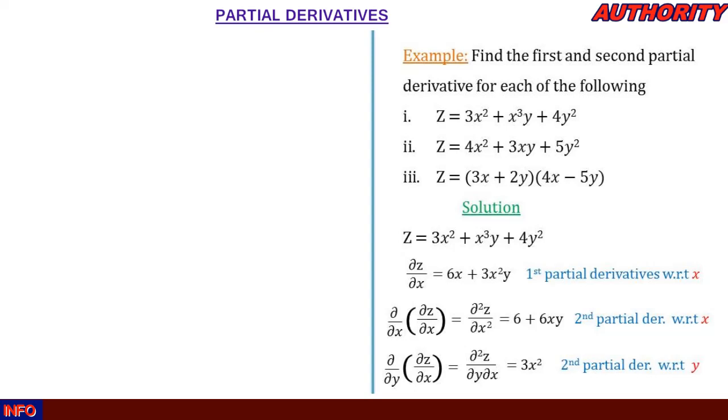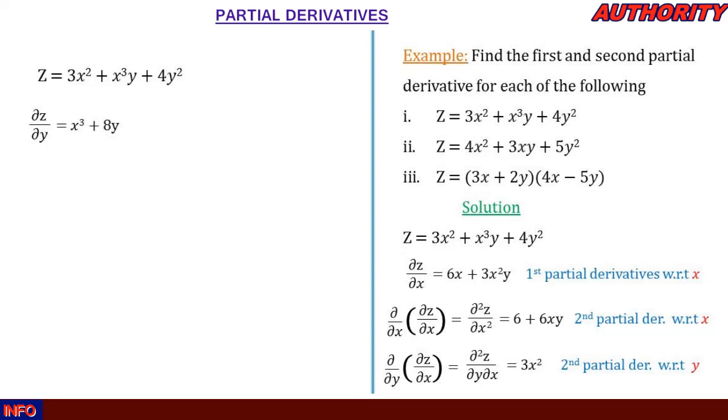Now let's go back again to the function z that we have. We say that z is equal to 3x squared plus x cubed y plus 4y squared. Now let's differentiate this function partially with respect to y. Everywhere we see y we differentiate, and every other variable that is not y we take as a constant. In the first term, 3x squared, differentiating with respect to y gives us 0.